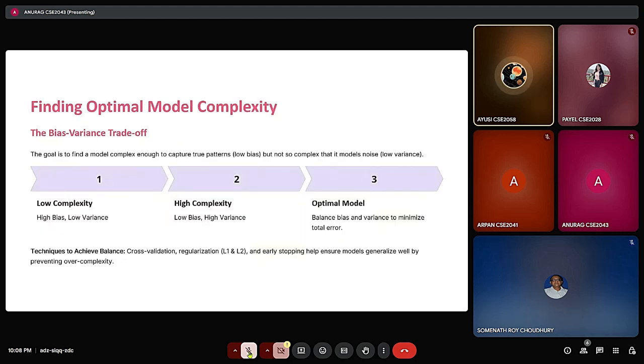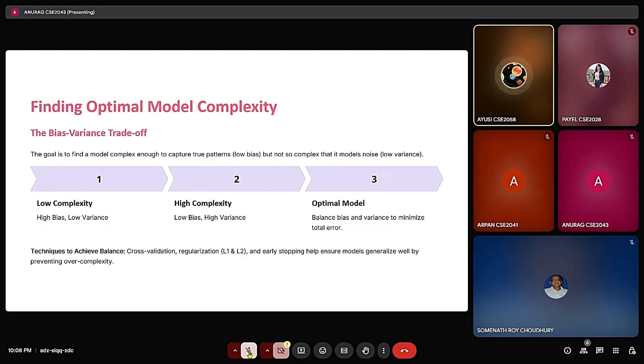Finding optimal model complexity, the bias-variance trade-off. The goal is to find the optimal model complexity by navigating what is known as the bias-variance trade-off. A model with low complexity will have high bias and low variance. A model with high complexity will have low bias but high variance.